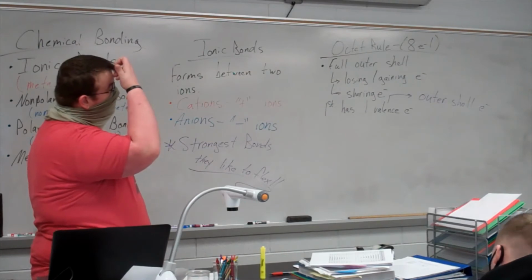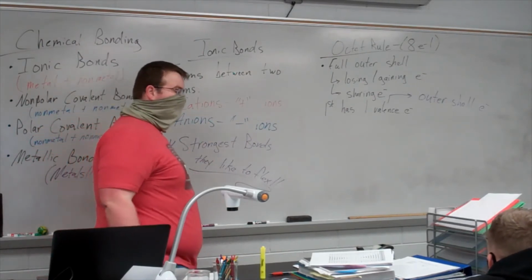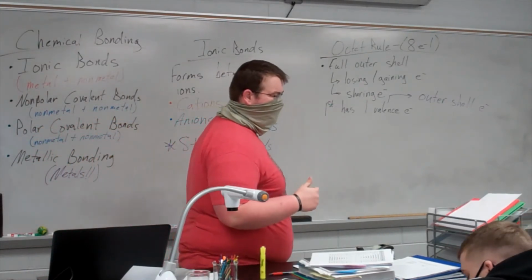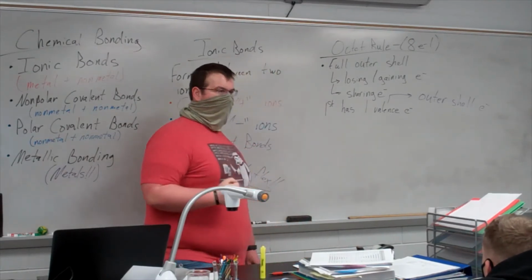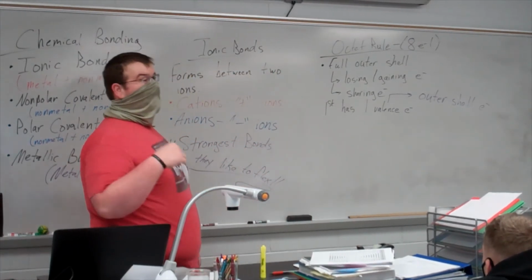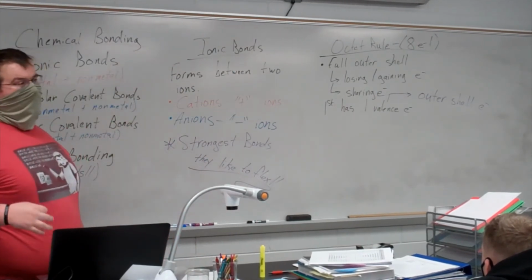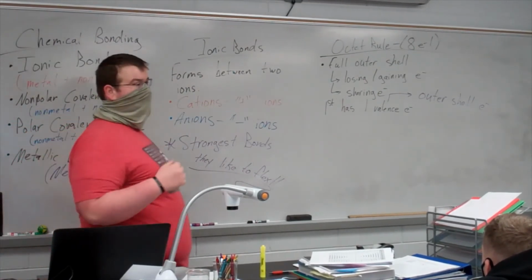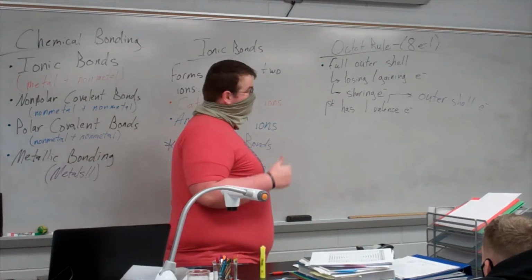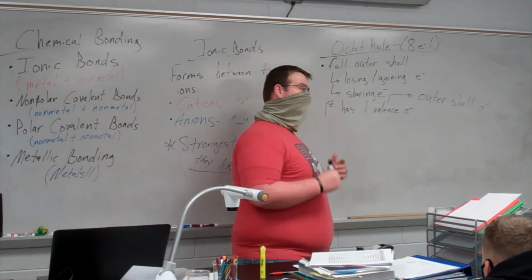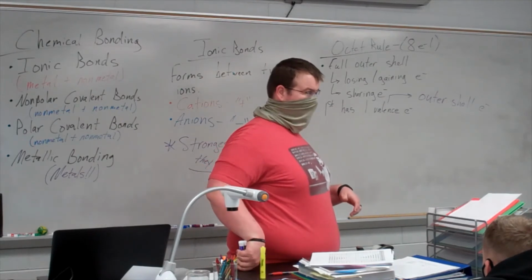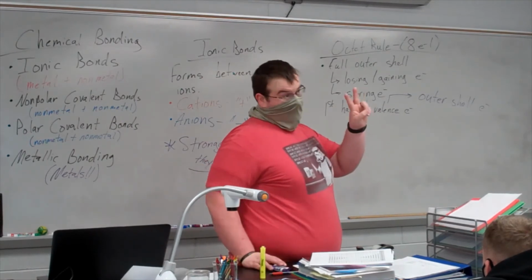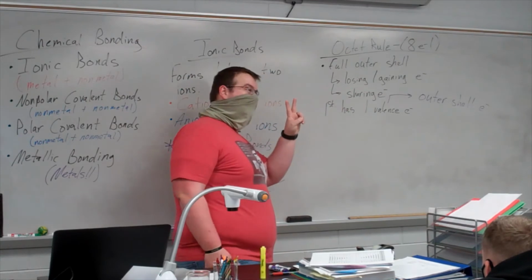So if you ever wondered why whenever we went through, I told you for S and P, N is equal to row. But for D, N is equal to row minus 1. And F, N is equal to row minus 2. The reason we did that: how many electrons can go into an S subshell? 2, thank you.